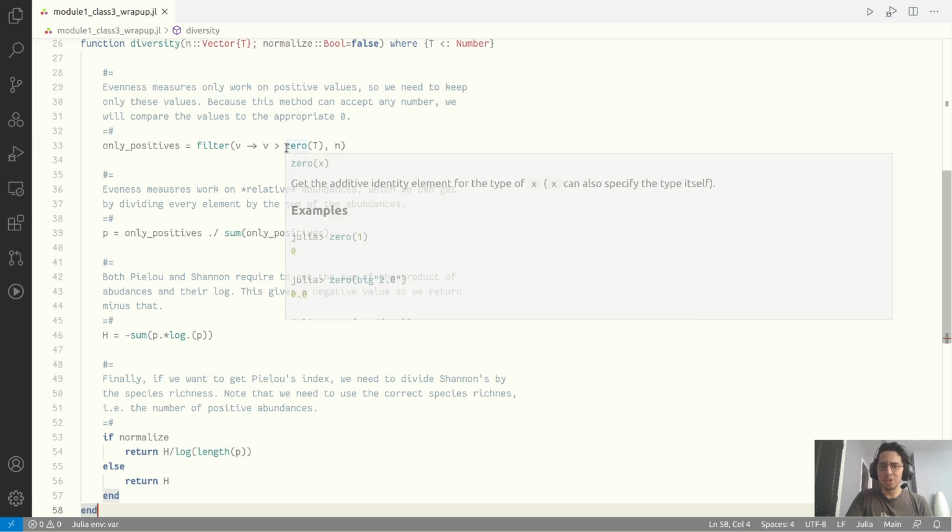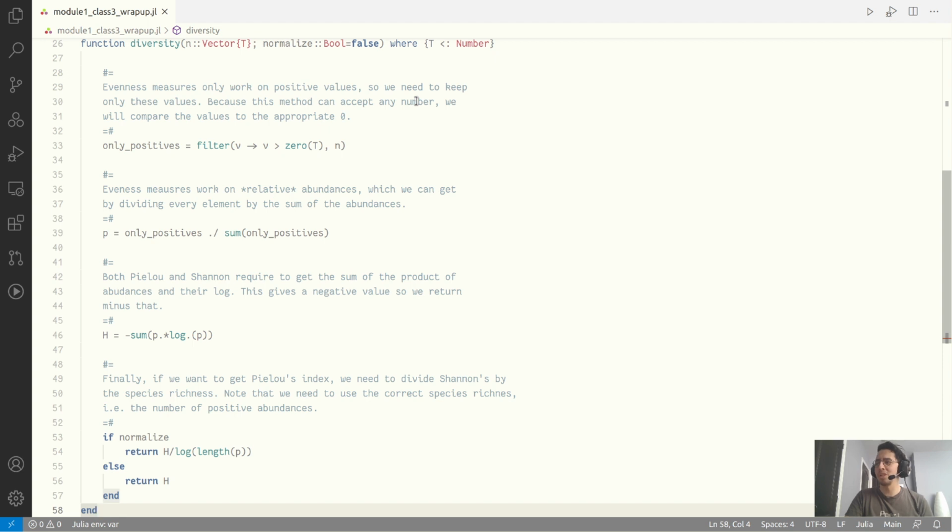So why are we using 0 of t instead of just the number 0? Well, whoever wrote this code said that's because we can accept any number, so we want to compare to the correct 0. That's us being fancy for no reason here, but the point is, if you take a decision that is important, you can document this decision within the code.